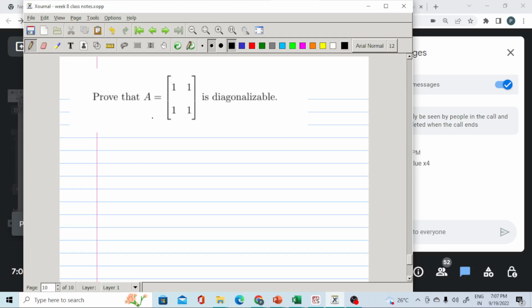For this, we will start with the characteristic equation again: determinant of xI minus A equal to 0. First we will find the eigenvalues, then the corresponding eigenvectors, and then we will check the dimension of the characteristic space corresponding to each eigenvalue. For that we need to find the characteristic equation.